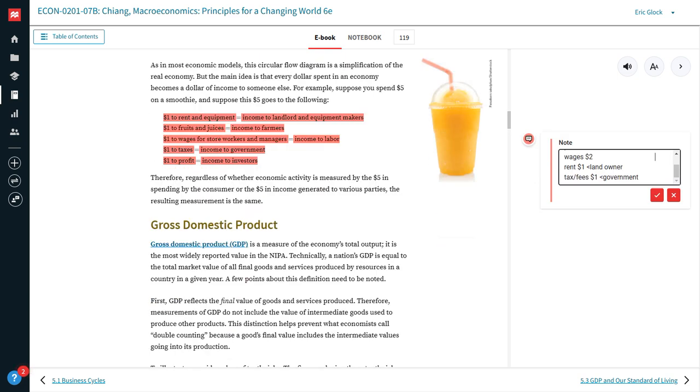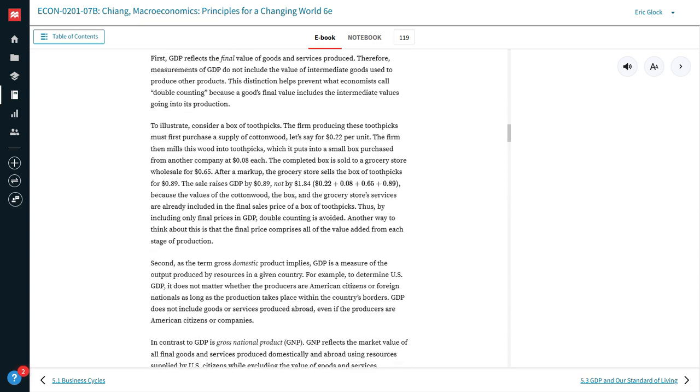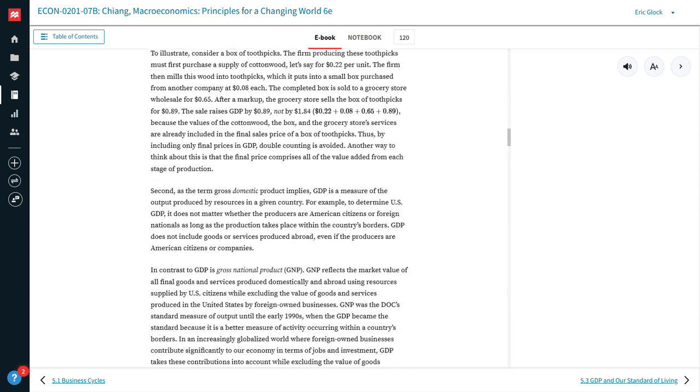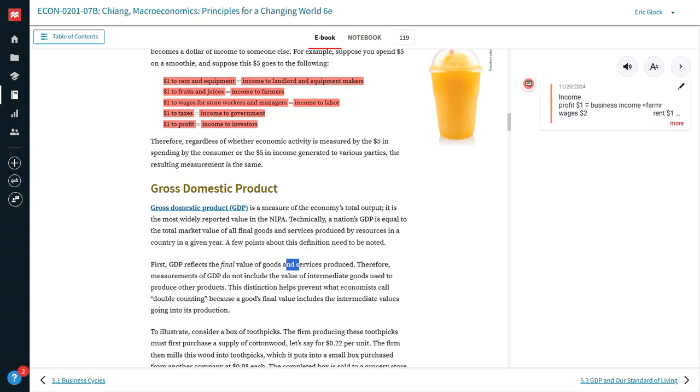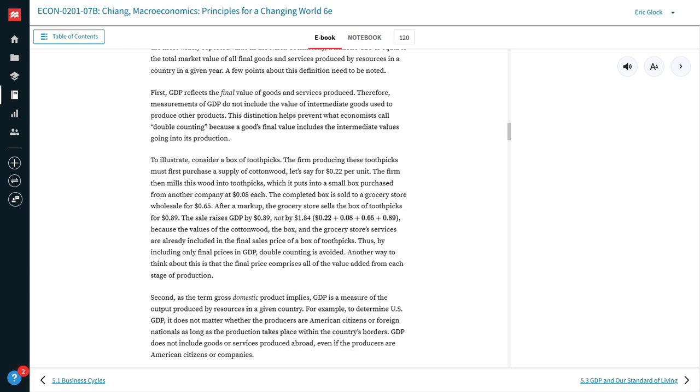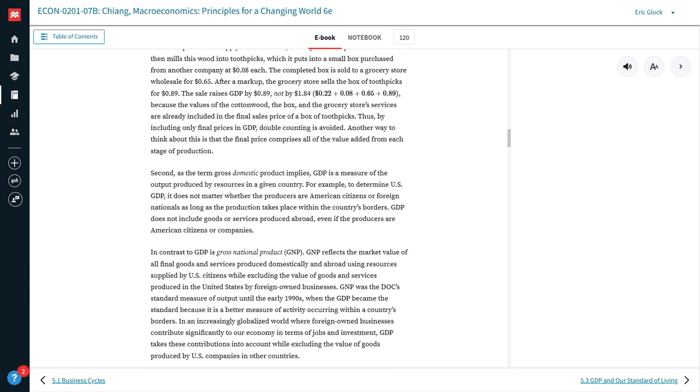Now, I want to talk a little bit about, and Chung does talk about this, which is good, GNP. This is interesting to me personally. Now, GDP is gross domestic product. If it's the United States' GDP, then it's everything that's produced within the borders of the United States.